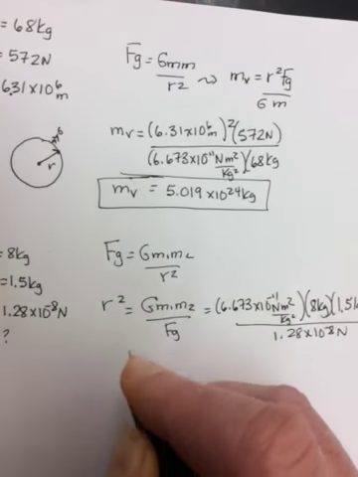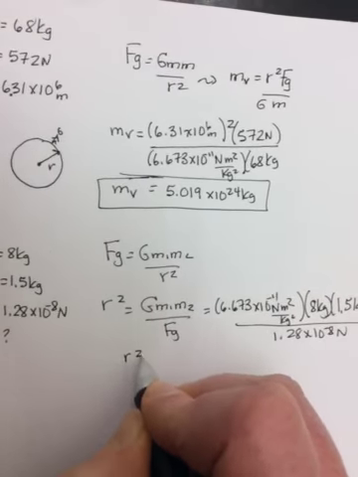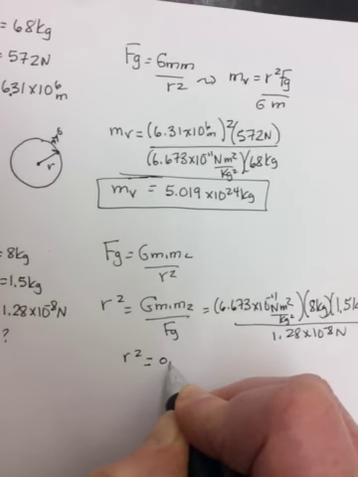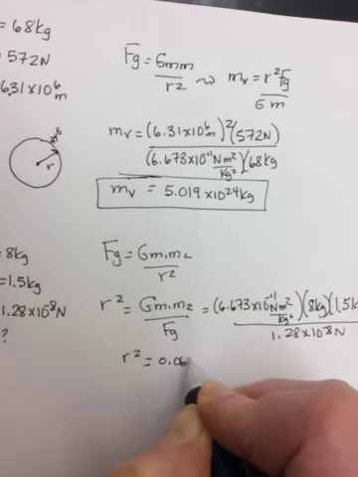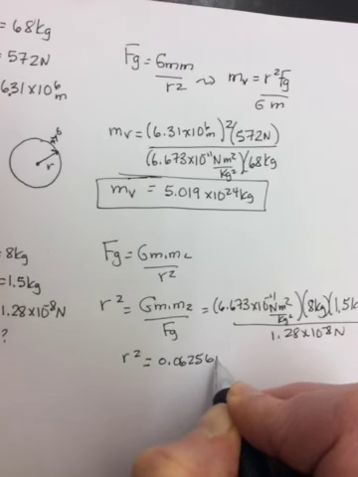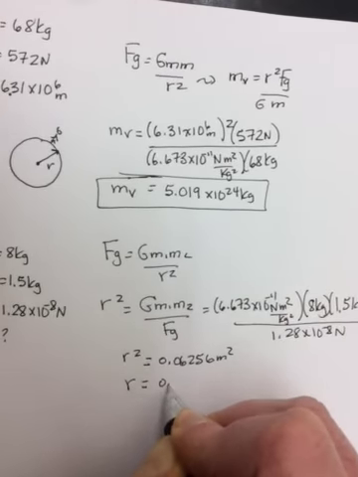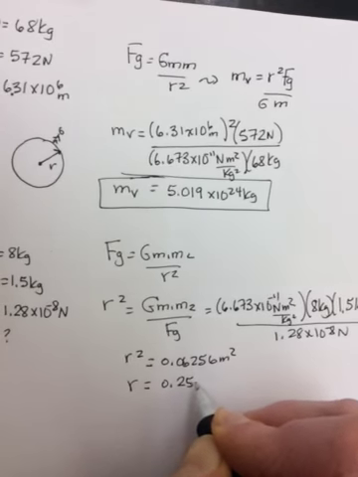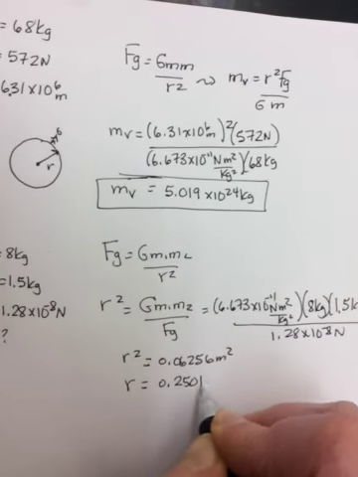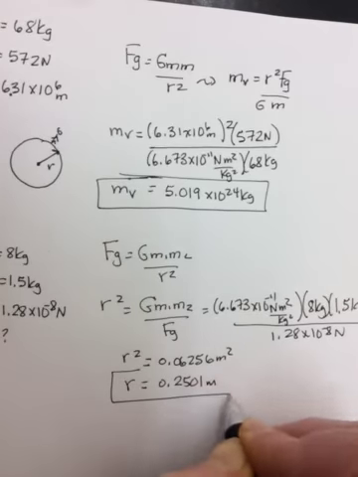And remember, again, this is going to be r squared, and r squared, when you do it, is 0.06256 or something like that. Take the square root, 0.25, I think it's 0.1 meters.